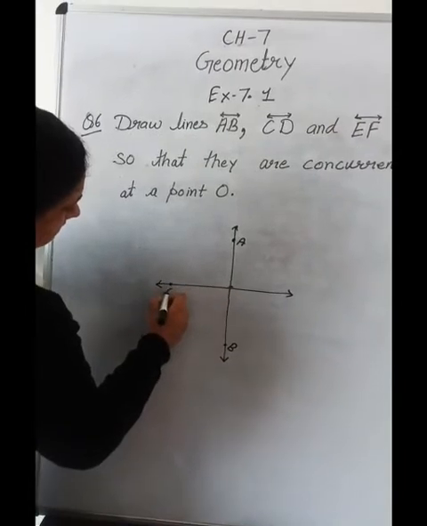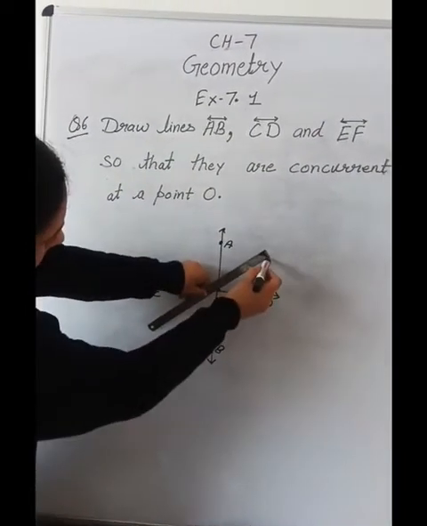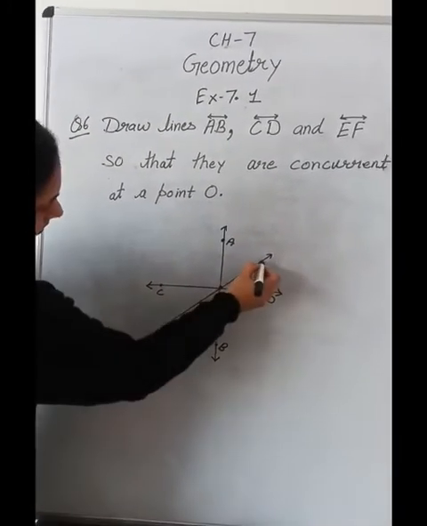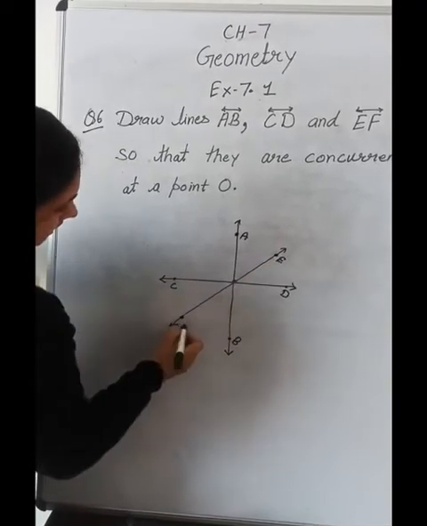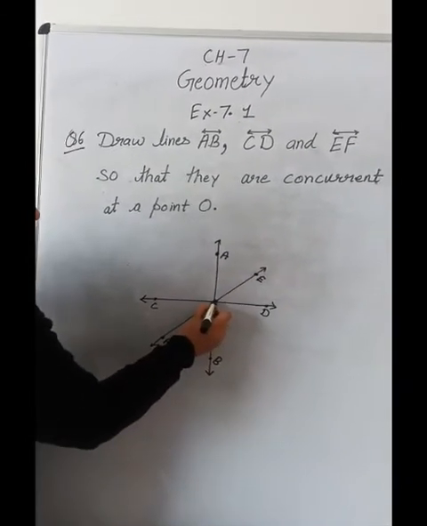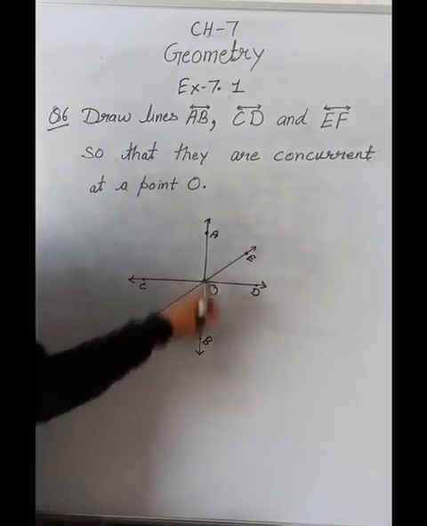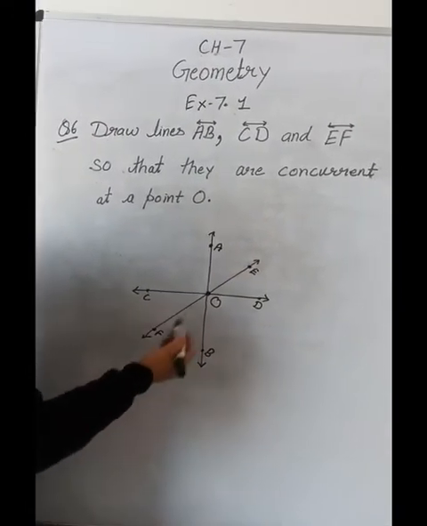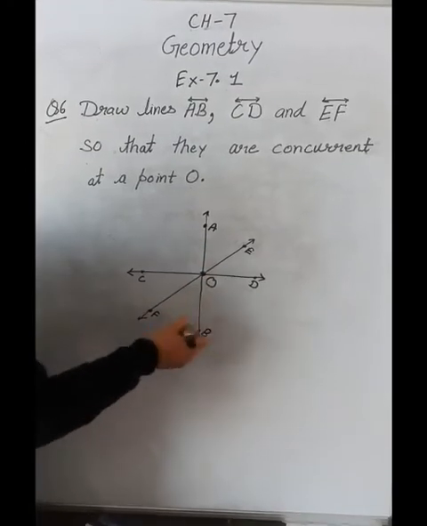Then line EF. We will put arrows because these are lines. In the center we will take point O. So we have drawn lines AB, CD and EF. All are passing through the point O. So these are concurrent lines.